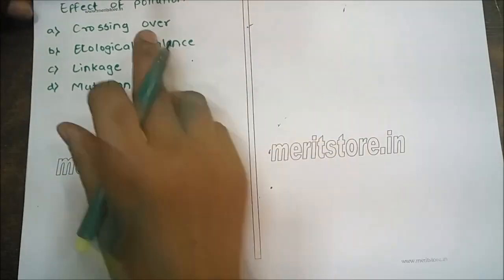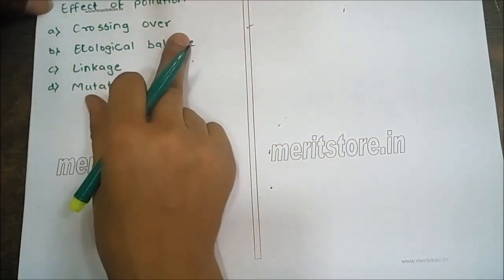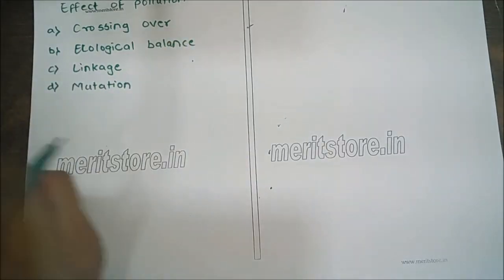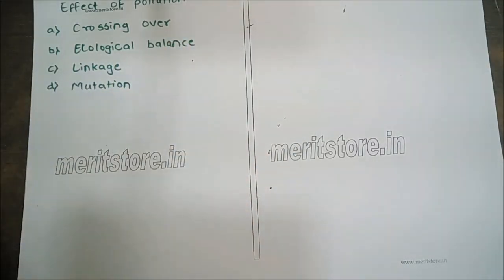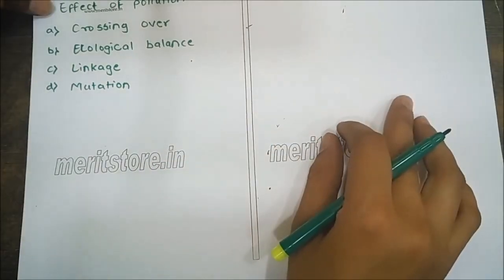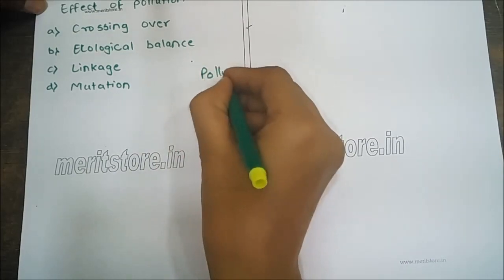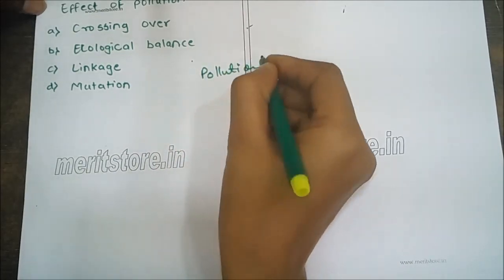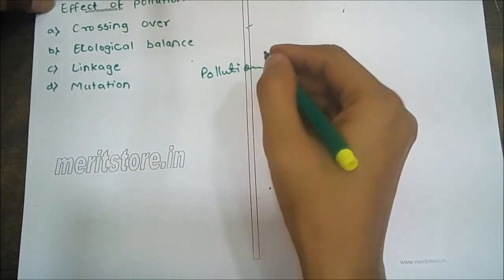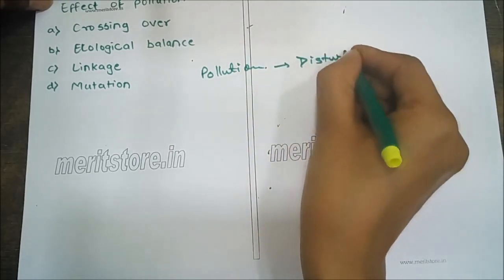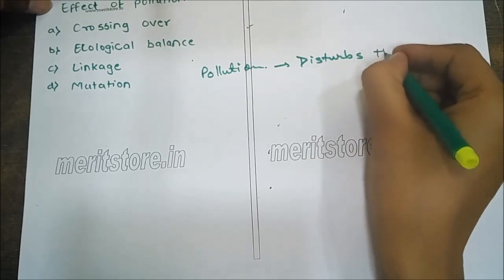The next question is, effect of pollution is on: crossing over, or ecological balance, C. linkage, and D. mutation. Pollution in the environment disturbs the ecological balance.